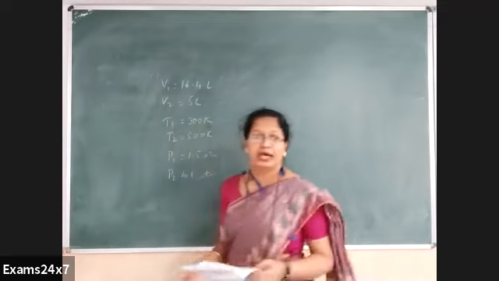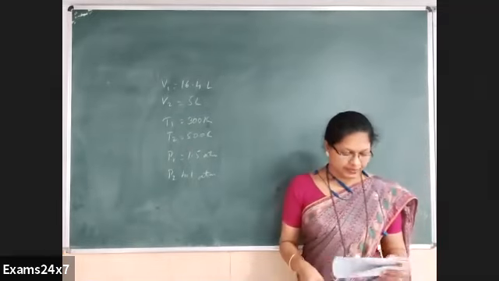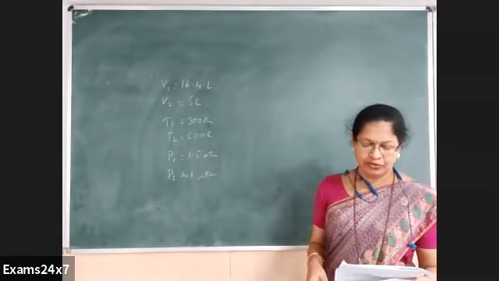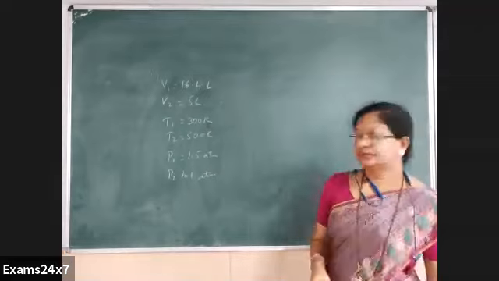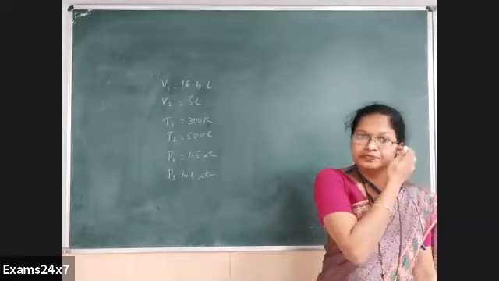When you have this given data ready with you, it will be easy for you to find the answer. The ratio of the number of molecules of the former to the latter, is that the same as the number of mole ratio?